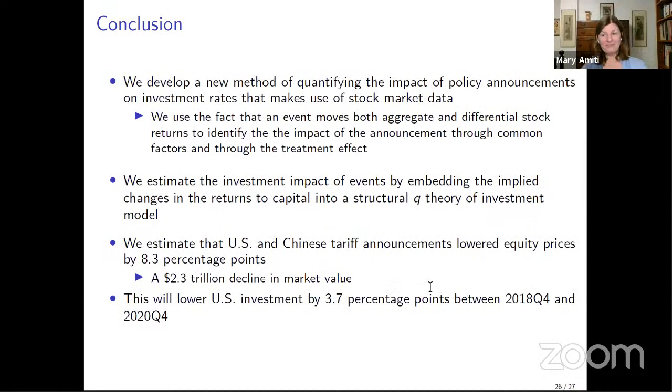Okay, so I'm ready to conclude. So we developed a method of quantifying the impact of policy announcements on investment rates that makes use of the stock market data.